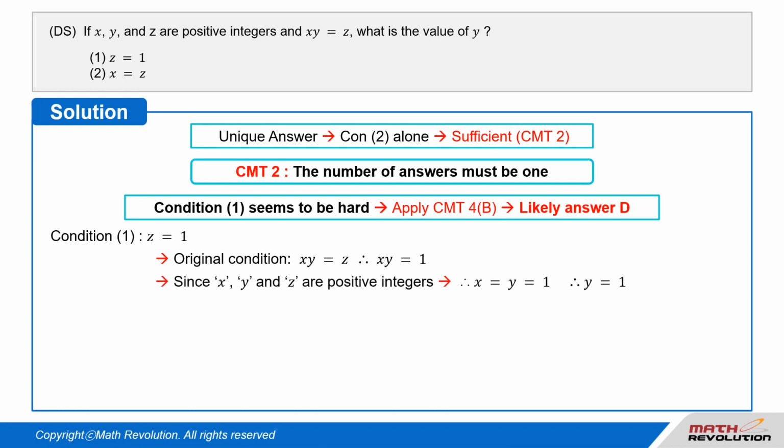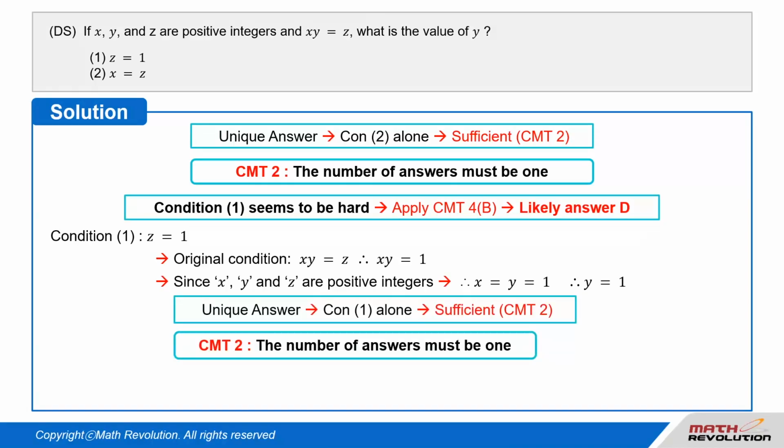Since x, y, and z are all positive integers, the only possible values of both x and y are 1. So, y equals 1. And since this answer is unique, the condition is sufficient according to CMT2, which means that the number of answers must be 1.